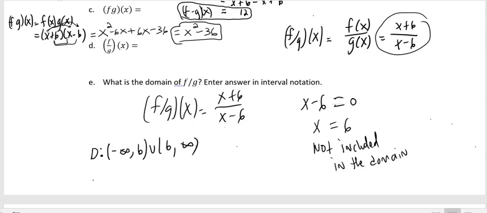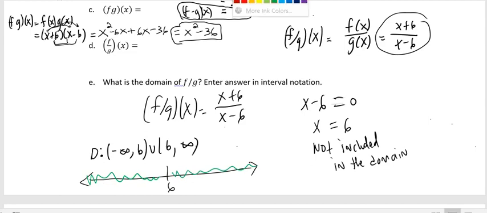If you were looking at a number line, because I like number lines, sometimes it makes it easier to write your interval notation. So your domain is all of these numbers except for this number. This is negative infinity and this is positive infinity. So that was letter E.